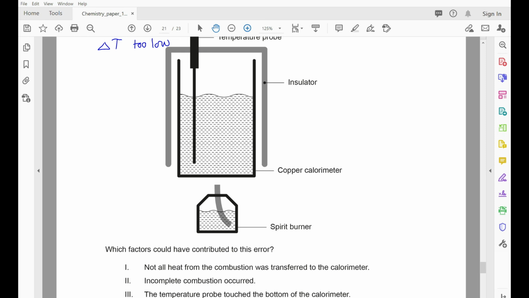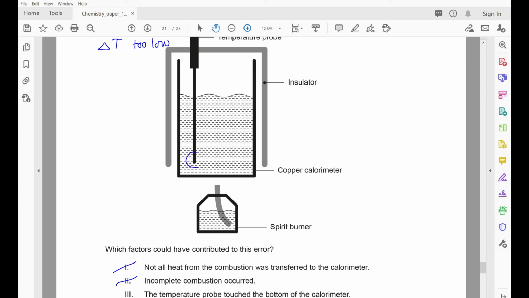Okay, statement 1. Not all heat from the combustion was transferred to the calorimeter, and this could cause the temperature change to be too low. So it's correct. Incomplete combustion occurs. This also will reduce the energy that is given out, so the temperature change is not as high as it should be. So it's correct. The temperature probe touched the bottom of the calorimeter.